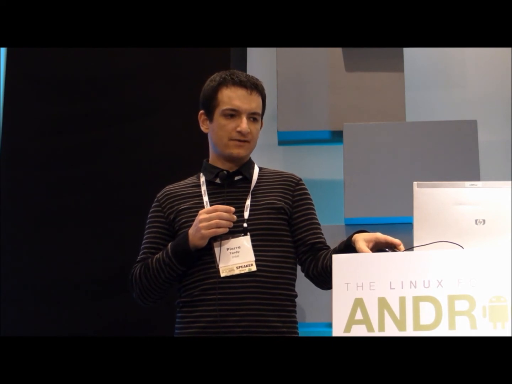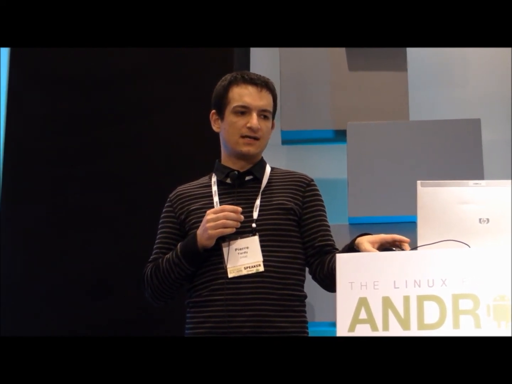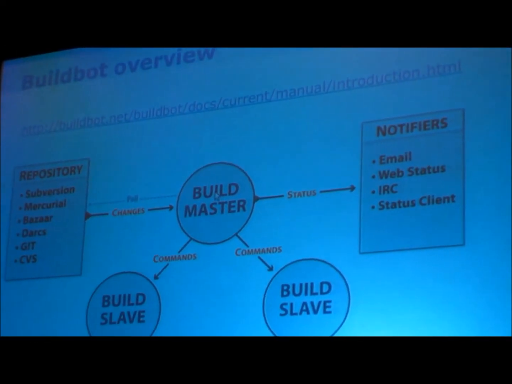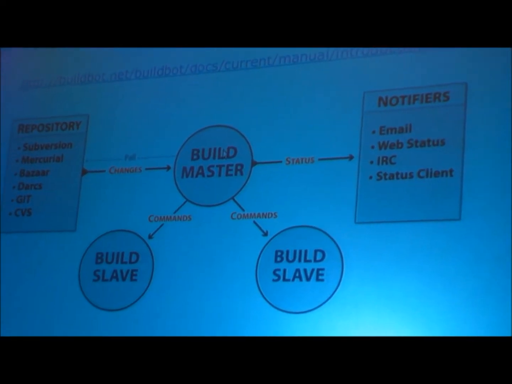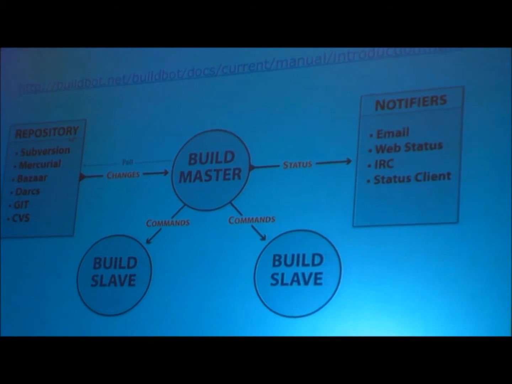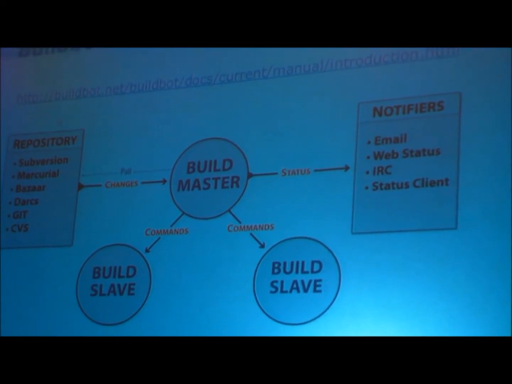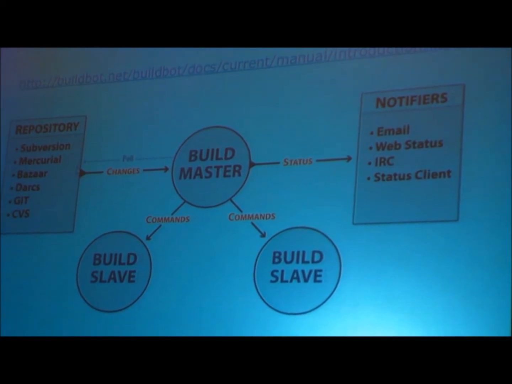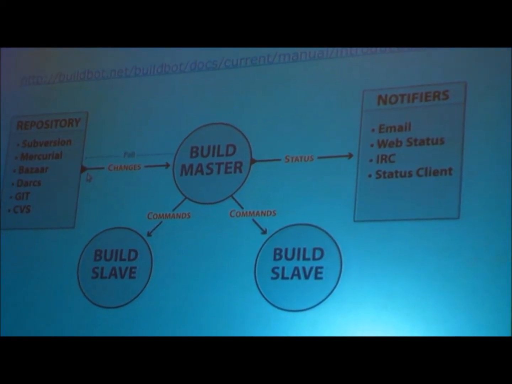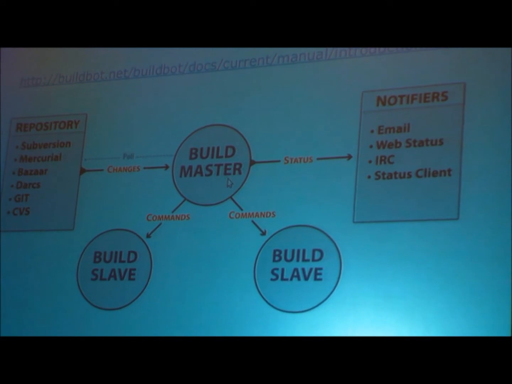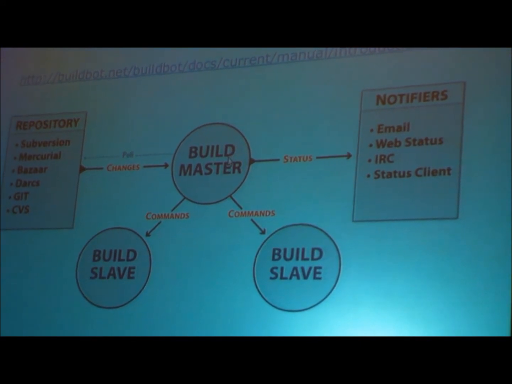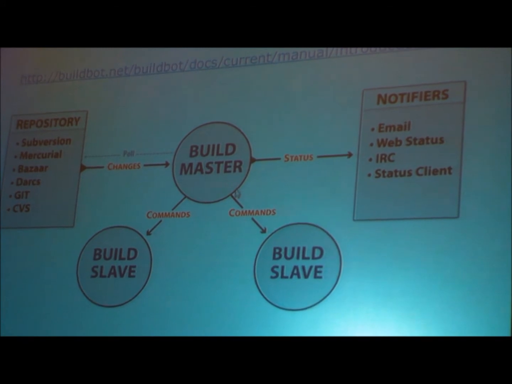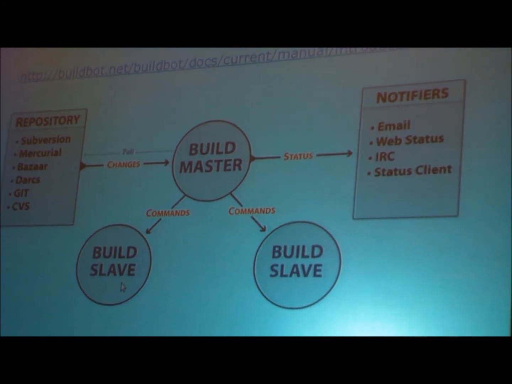So here is an overview. This is kind of classical. You have a build master, which is the server, the Buildbot, and the Buildbot is connected to several kinds of repositories. There are a lot of plugins that support repositories, and whenever there is a change on that repository, the build master can launch some builds, and it will just send commands to the build slaves.